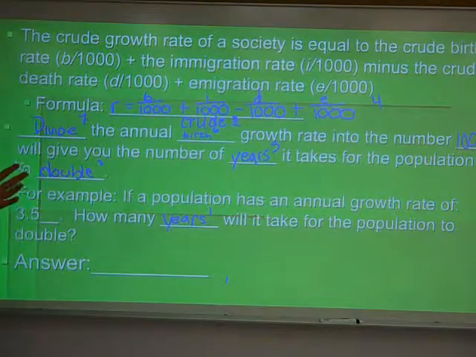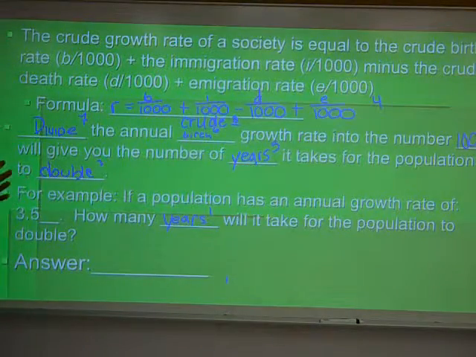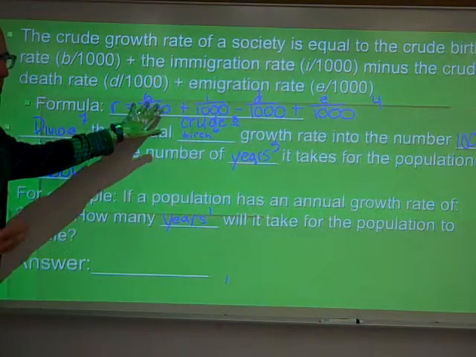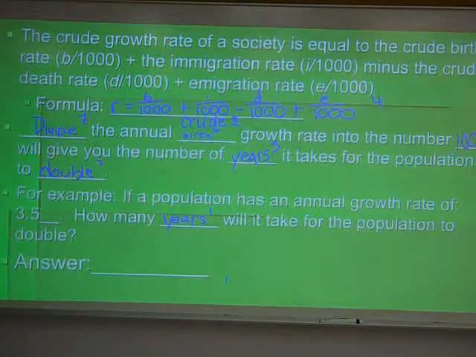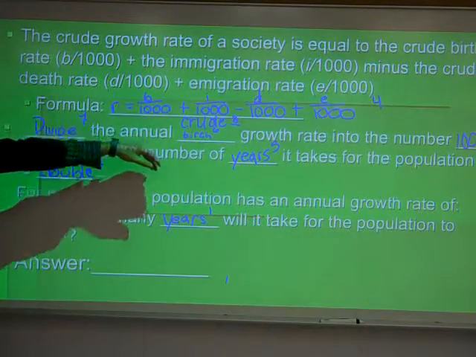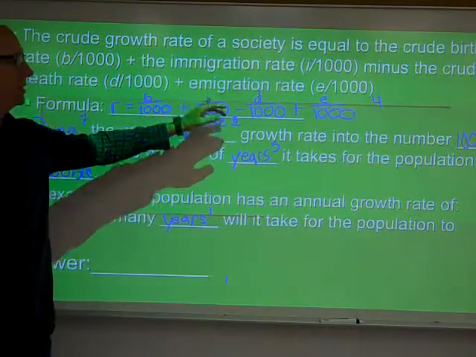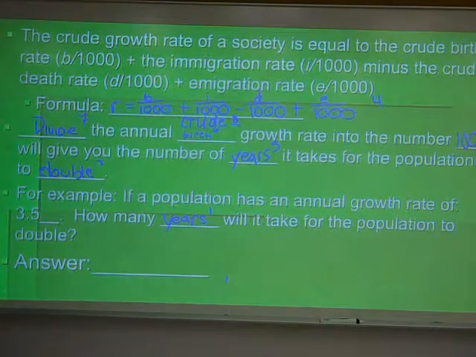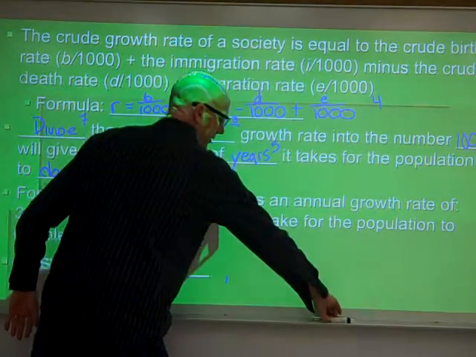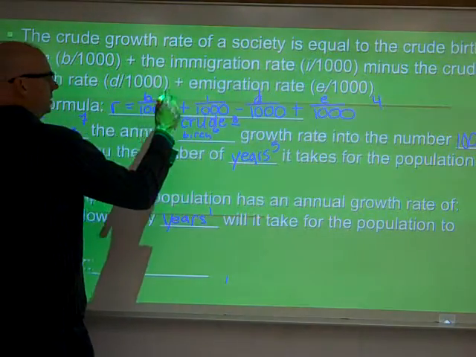So I guess the percentage numbers were always too small, so they decided to go with 1,000 as the ratio or the reference number for these different values. So out of 1,000, how many were born? How many out of 1,000 of that population immigrated? Minus how many died and how many emigrated or moved out.